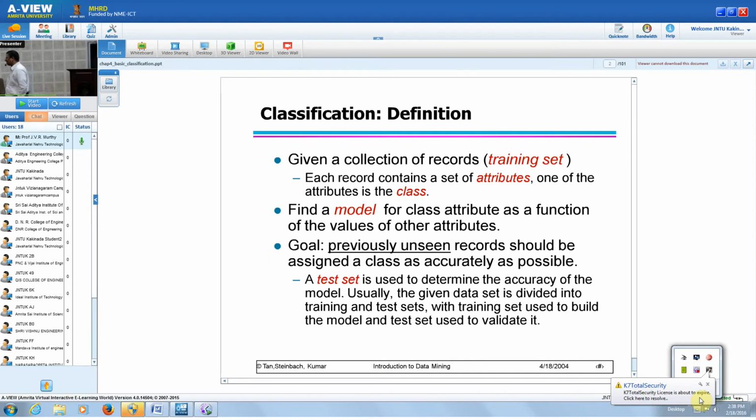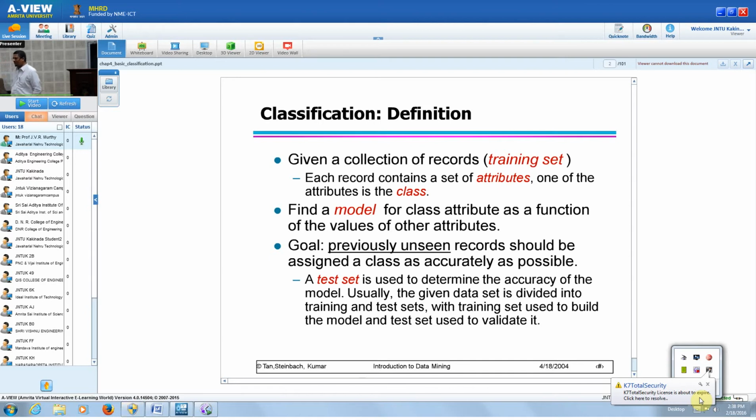These groupings are of two types. One is classification, another is cluster. Then what is the difference between a classification and a clustering? Okay. Classification means you know the labels of the class. Then you say that it is classification.